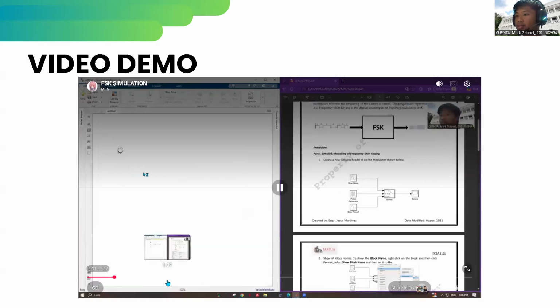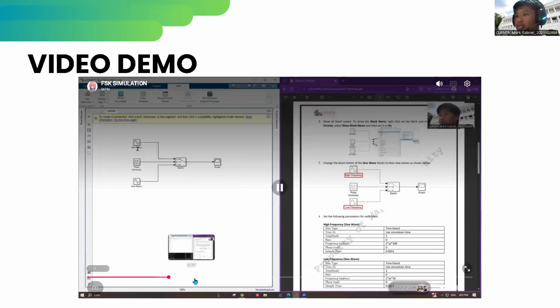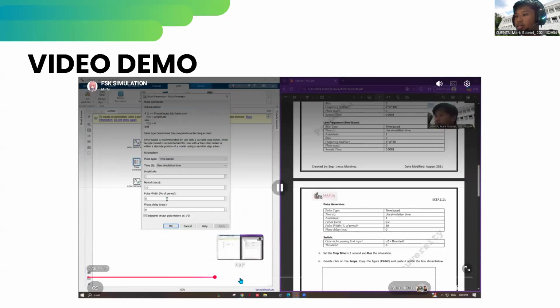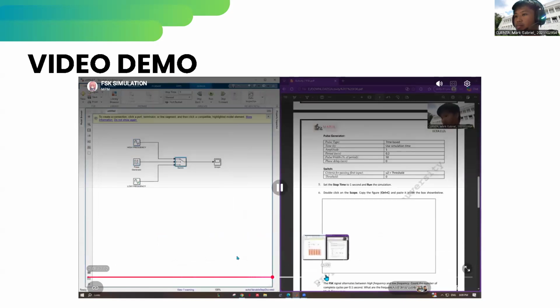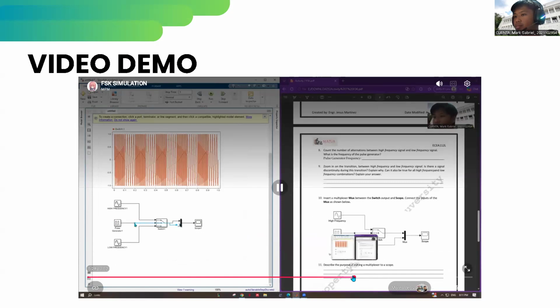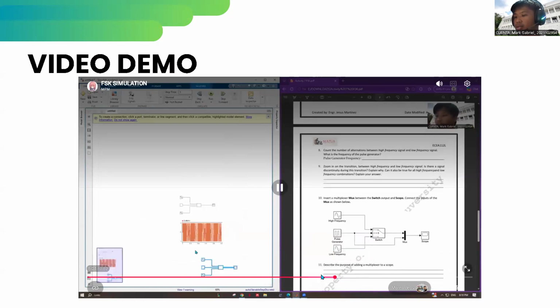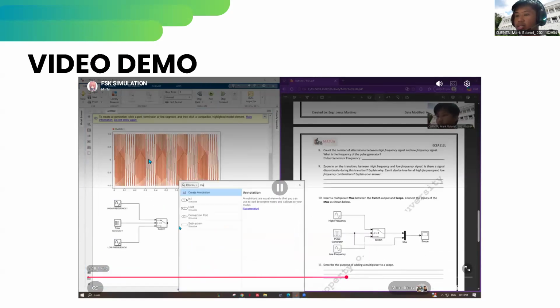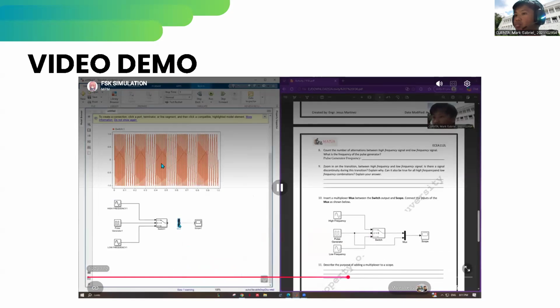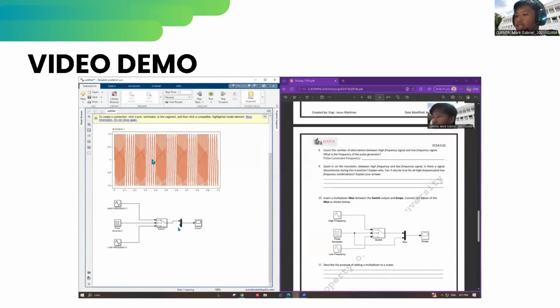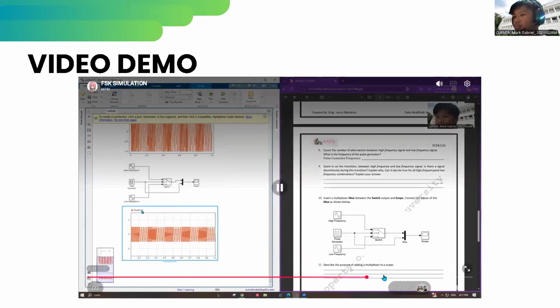So this is the video demo. Let's fast forward a bit. In this one, we use a dashboard scope to show the waveforms that are created.